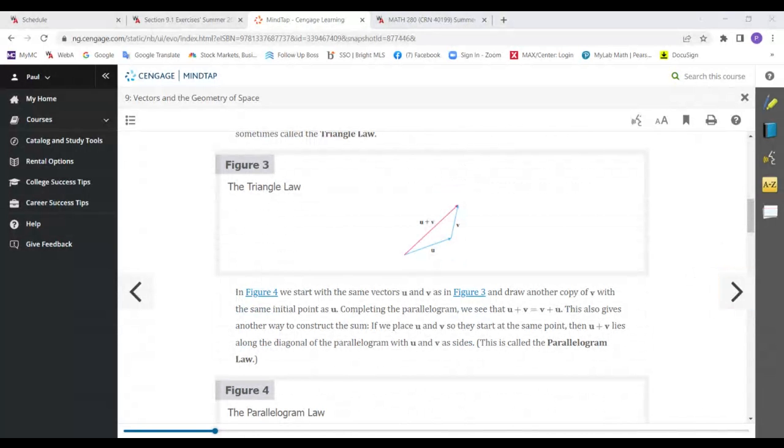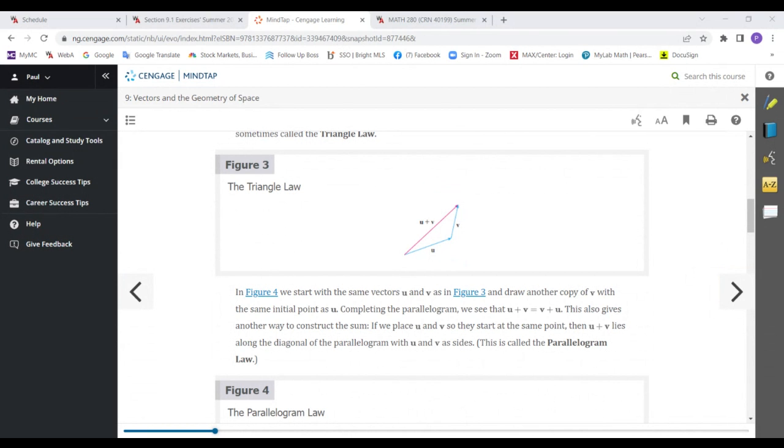There's a vector u, there's a vector v. The terminal point of u, at the arrow there, is where the vector v begins. So u plus v is what we call the resultant vector, in red. That's how you add vectors, and that is a geometric representation.